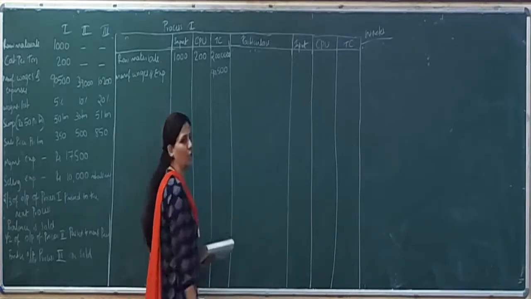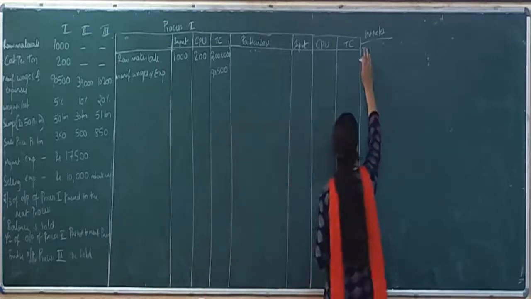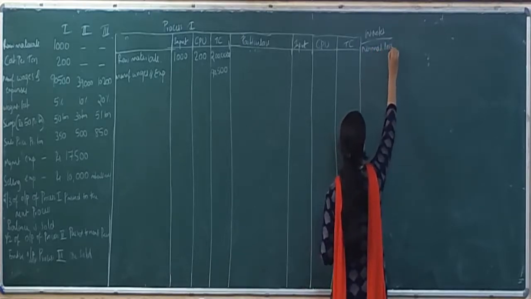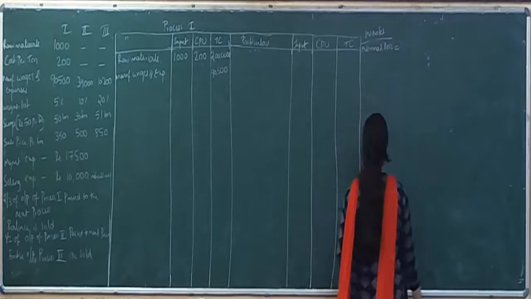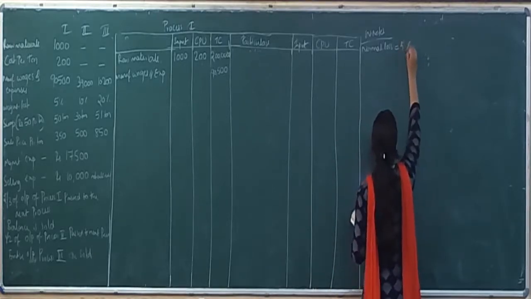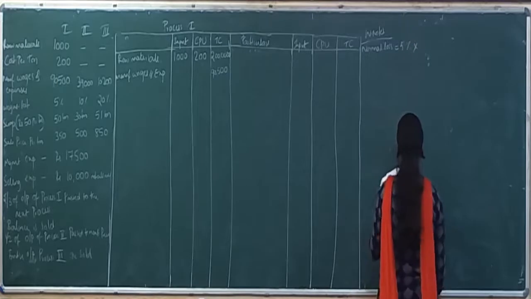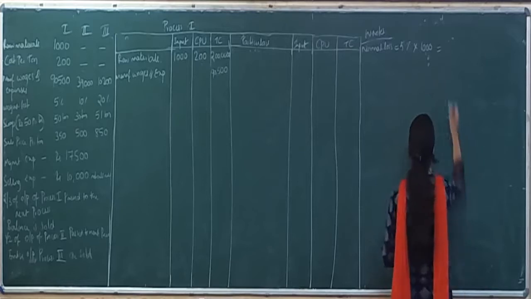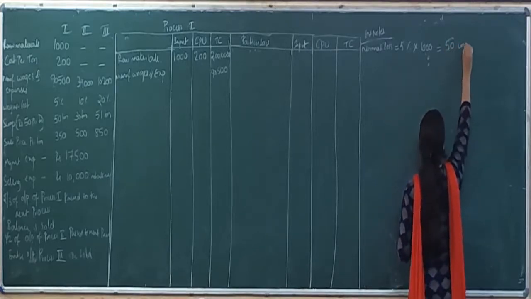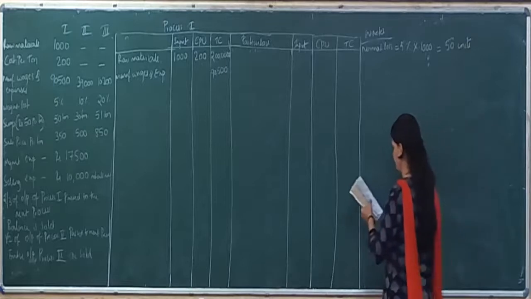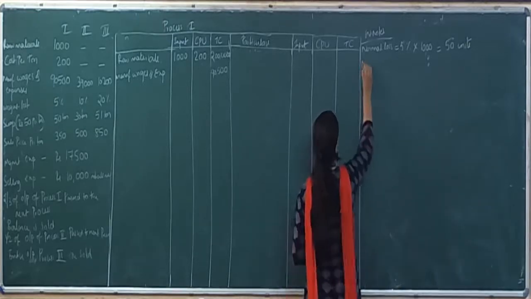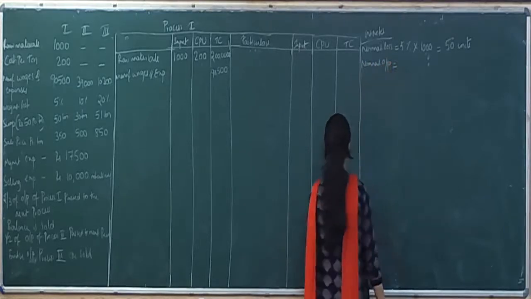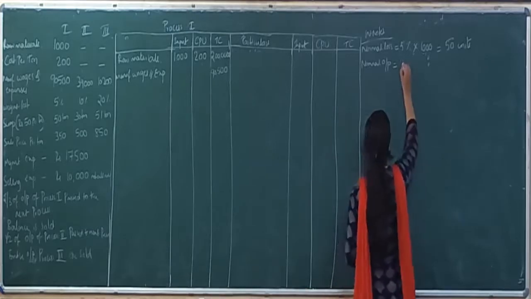Next, we need to record if there is any normal loss. So better we can show that as a working note. Normal loss is 5% of input, that is 1000. That comes to 50 units. So output next: it is input minus normal loss.